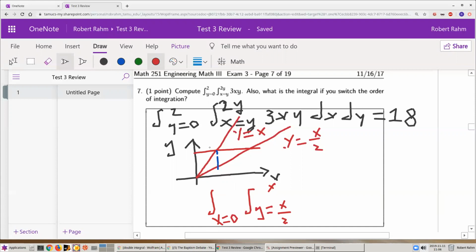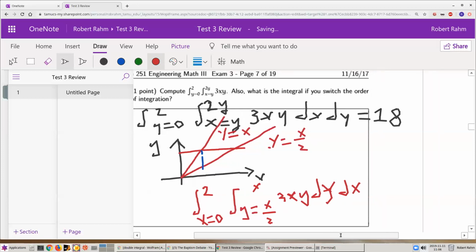It's where y equals 2 intersects the line y equals x. In other words, 2 equals x. So this is going to be 2, and then we'll have the function that we're integrating, 3xy dy dx. Let me try to make that look more like a y. That's a y, even if it doesn't look like it.